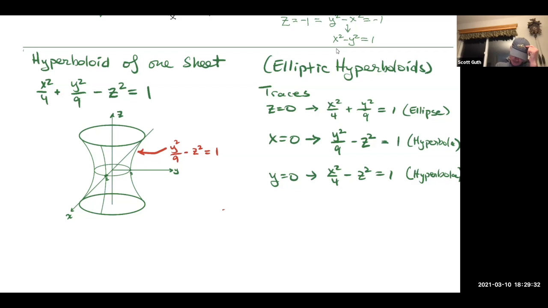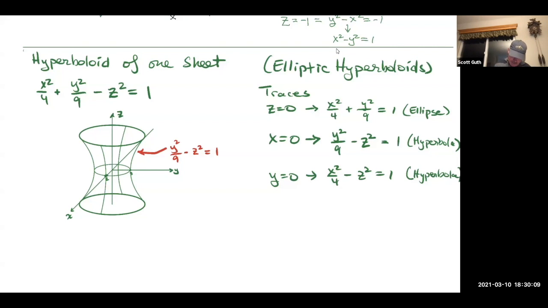And I'm going to extend that curve one more time. Something like that.